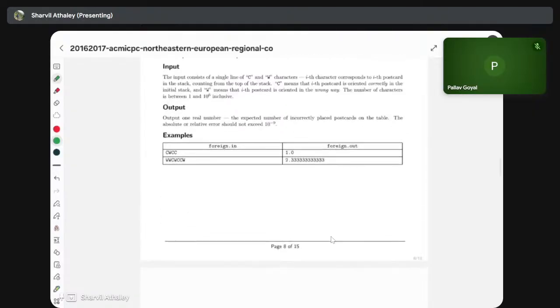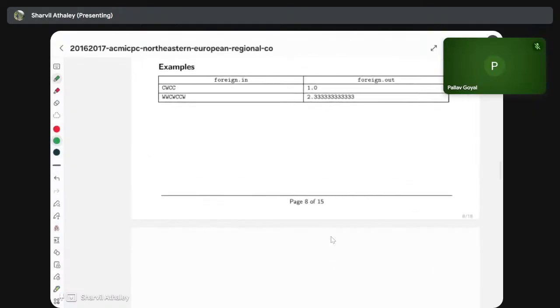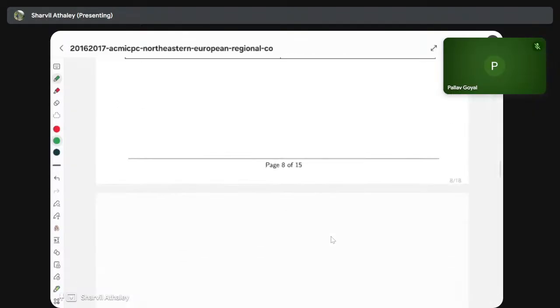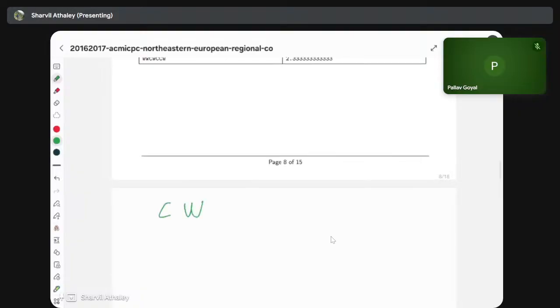So let's say for the first test case CWCC, if the random number chosen is 2, we will select these two cards, and then since this first card is correct, we'll keep them aside and then work on with the remaining two cards, CC.